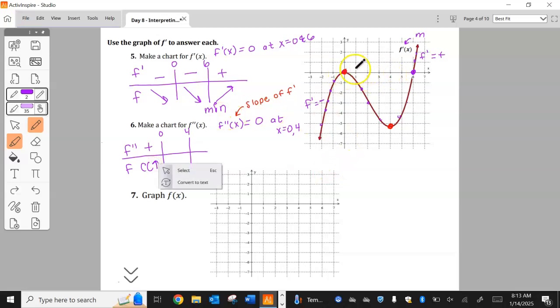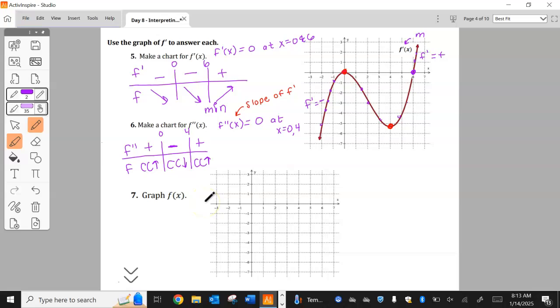Then if I look between 0 and 4, this graph is decreasing, so it means the slope of f prime is negative. So f double prime will be negative, meaning our graph of f of x is going to be concave down. And then after 4, it starts increasing again. So that's a positive slope. So we know f will be concave up there.